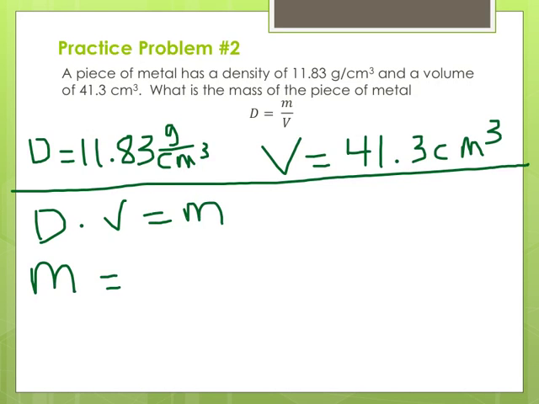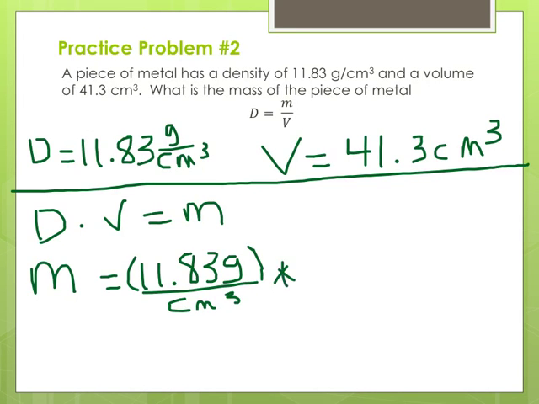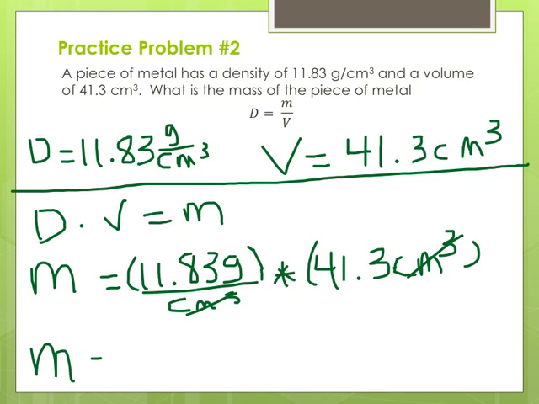So mass is equal to our density, which is 11.83 grams per centimeter cubed, times our volume, which is the 41.3 centimeters cubed, and then canceling centimeters cubed over centimeters cubed, we're going to end up with our mass in grams, and so our mass comes out to be 488.579.